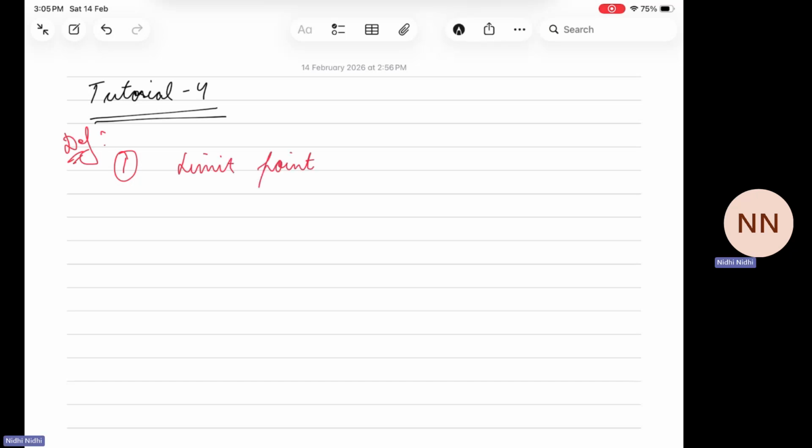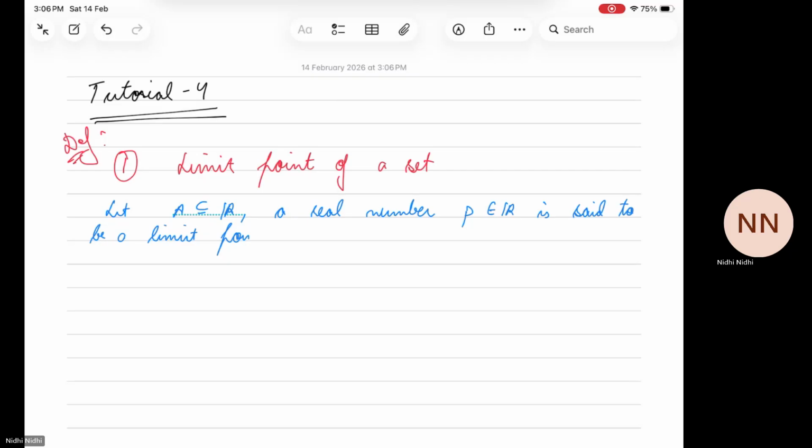Suppose A is a subset of R. A real number P belonging to R is said to be a limit point of A. This P need not necessarily be in the set A. This is again a real number, and A is a subset of real numbers.